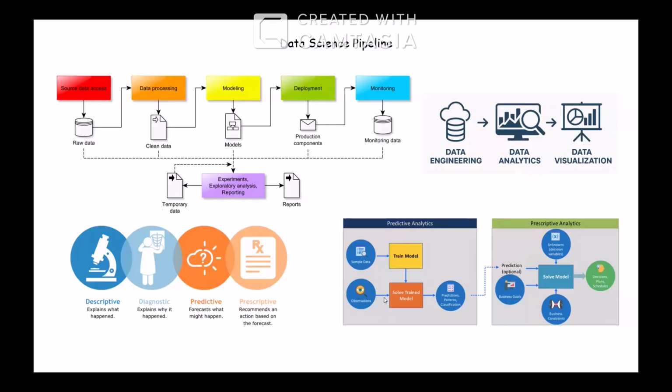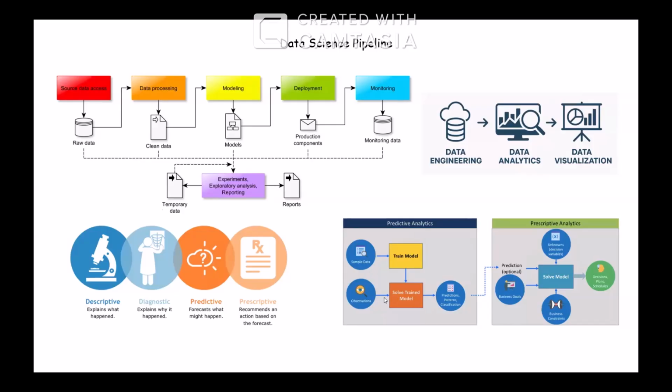Starting from descriptive analytics, they use tools like Excel, SPSS, SAS. Here we focus on answering what happened. In the second case, we try to find out why it happened.